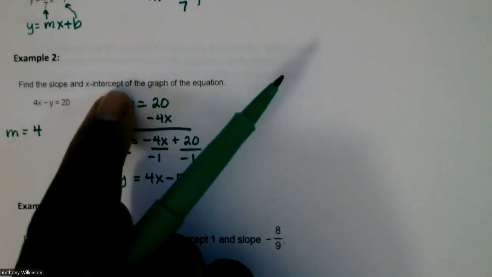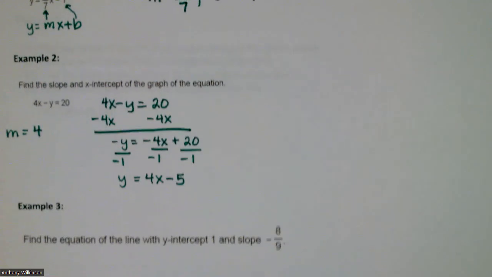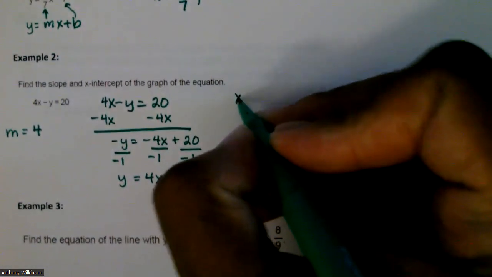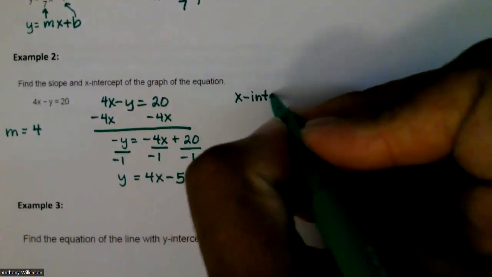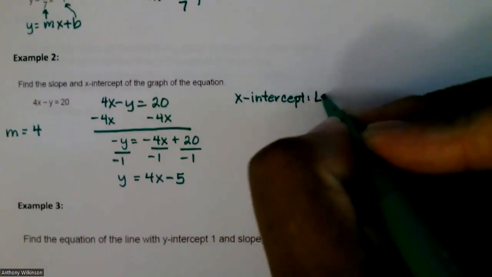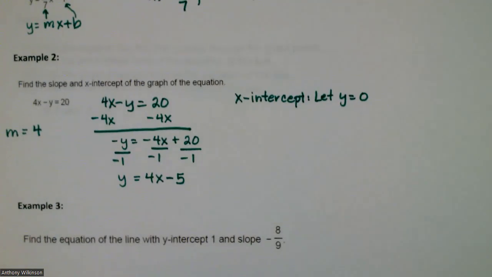Now they say find the x-intercept as well. Well, let's do this. Anytime you're finding the x-intercept, you always let y equal 0. For the x-intercept, you let y equal 0 and solve for x.